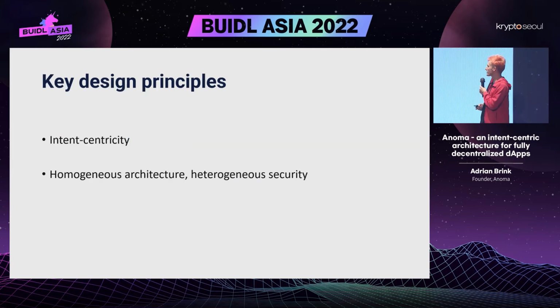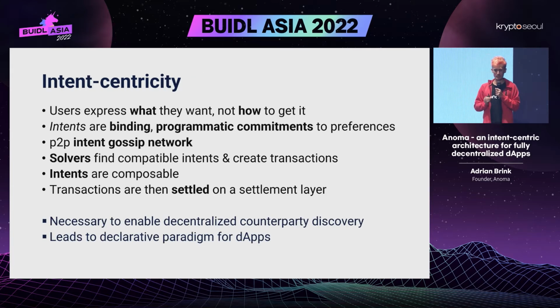The key design principles driving the design of the Anoma architecture are intent-centricity and homogeneous architecture, heterogeneous security. Intent-centricity is really that users express what they want, not how to get it. This is very different from how every existing blockchain is constructed, because every existing system has the primitive of a transaction.